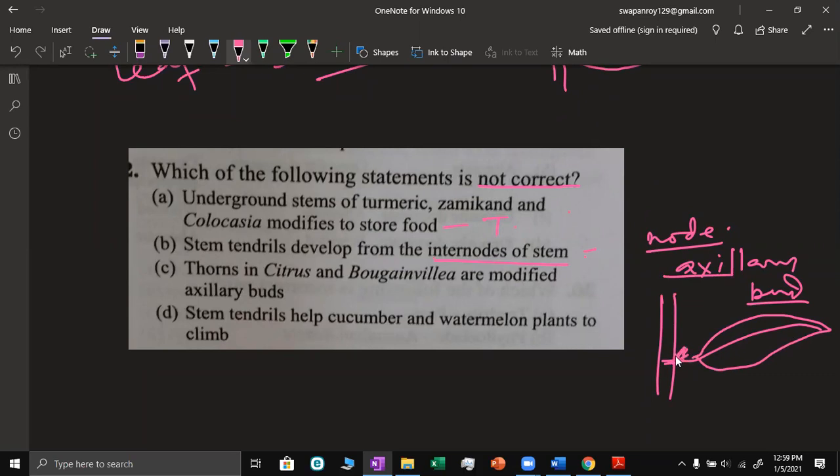In normal condition, this axillary bud will give branches. But when it is modified, like in the case of citrus, bougainvillea, it has become thorn. Citrus, bougainvillea, and also duranta.